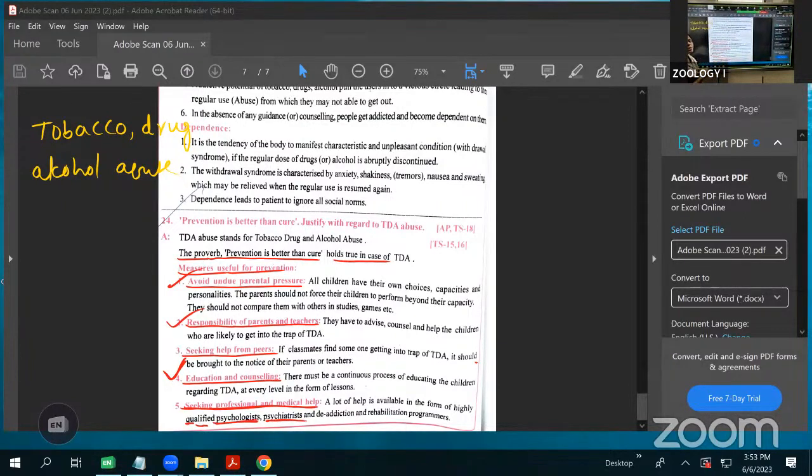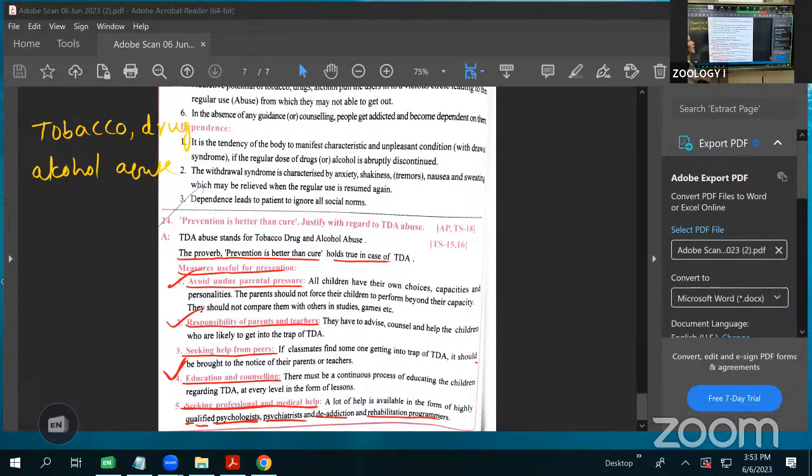And for those people, de-addiction programs and rehabilitation programs are conducted. At that time they change their mind and come out from the TDA abuse.